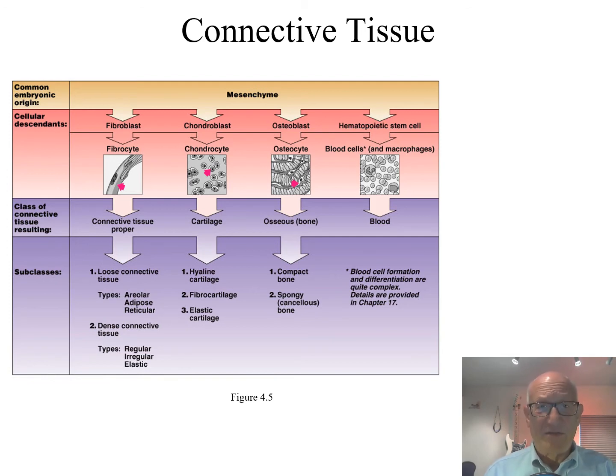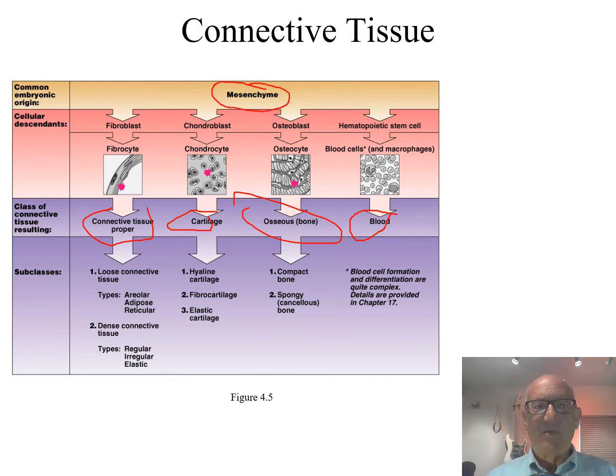So actually they all come from a single layer called the mesenchyme. So connective tissue proper, cartilage, osseous or bone tissue, and blood all come from the same original tissue called mesenchyme. This would be the original stem cell for connective tissues.